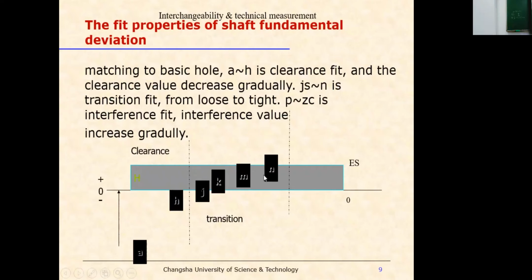This is transition fit, very tight. And P to ZC is interference fit. Interference value increases gradually. This is the hole, this is the shaft. The shaft is bigger than the hole, right? So it's interference. It's very tight, very hard to assemble because the hole is small and the shaft is large, right?